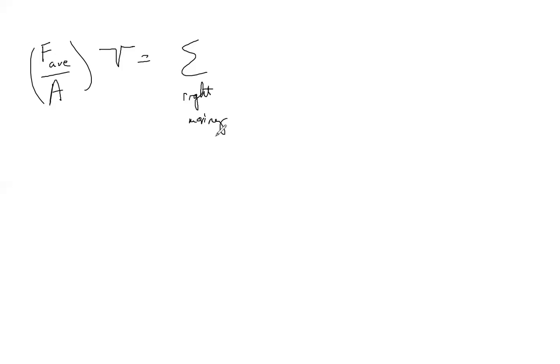So what we're going to do is as follows. We're going to basically say that the total force on the wall over the area, that's just going to become pressure, times the volume would be the sum over all right moving labels I of the number of times each one occurs times 2 m vxi squared.